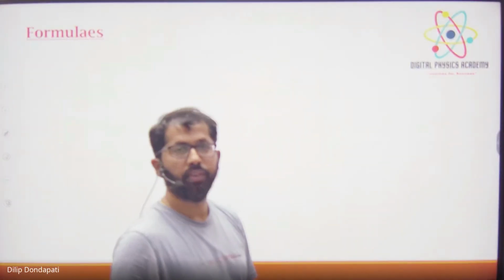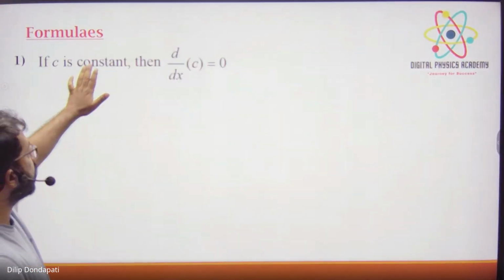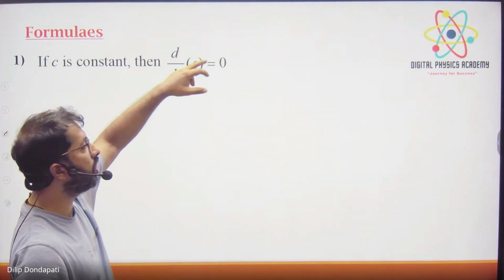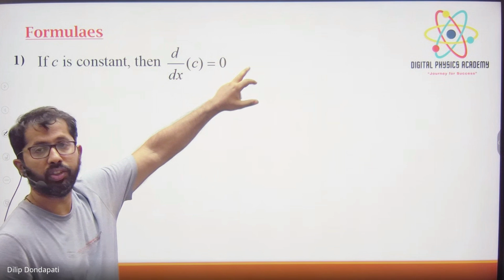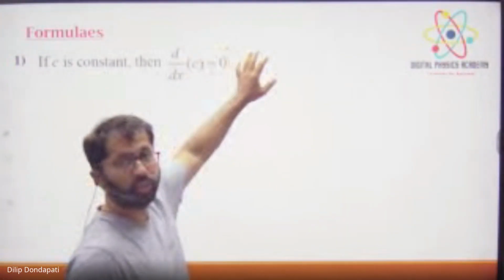Now for that some formulas are required. Some formulas for differentiation are required. Look, write down the formulas. If C is a constant, the differentiation of a constant is always 0. We are differentiating with respect to x, and a constant gives 0.